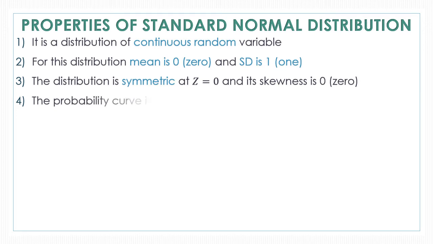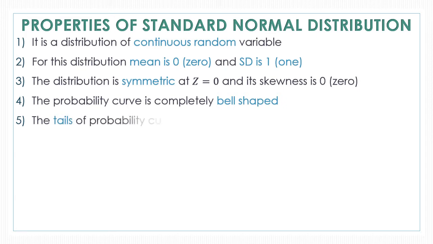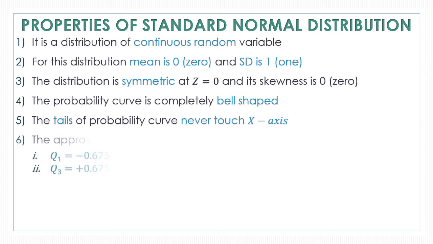The probability curve is completely bell shaped naturally, and also in this distribution the tails of the curve never touch the x-axis. The approximate values of the quartiles are, now why this, because in the normal distribution it is mu minus 0.675 sigma, but mu is 0 in this distribution and sigma is 1.